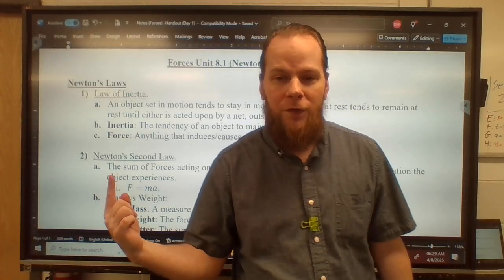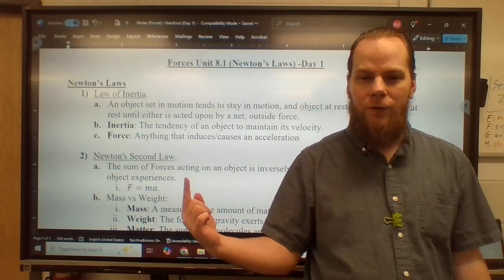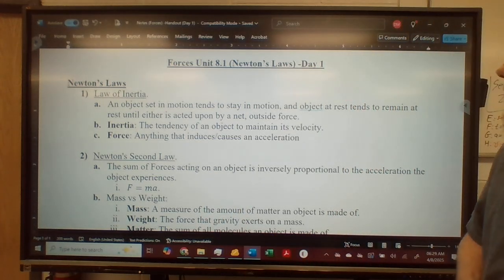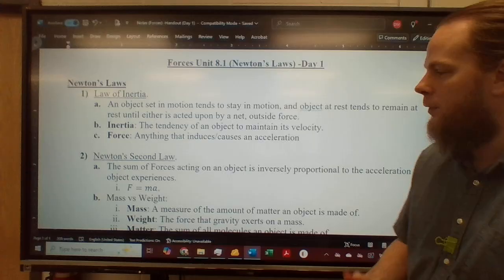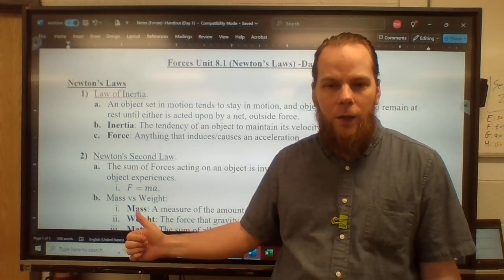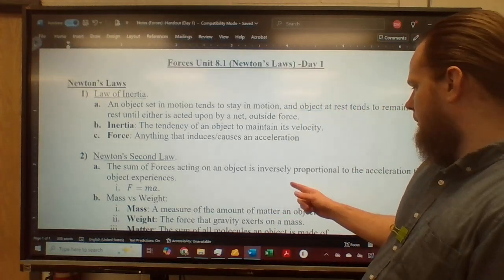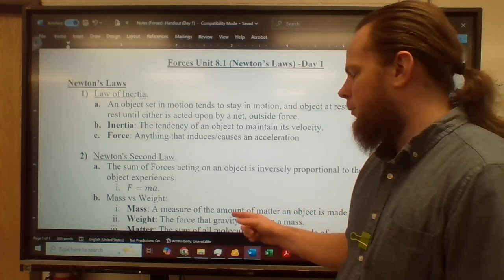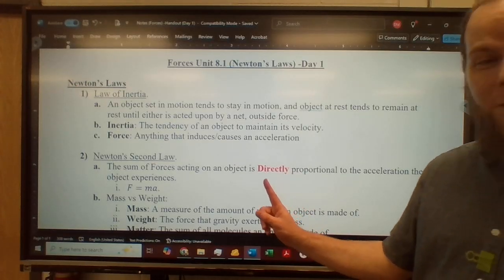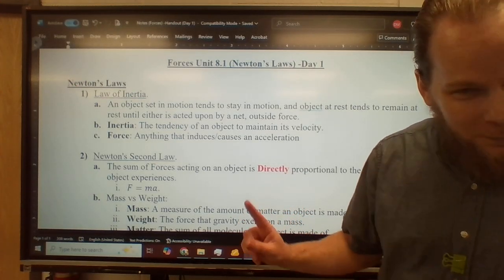Which is what this says. The sum of the masses, I can't read backwards. Sum of masses acting on an object is inversely proportional to the acceleration the object experiences. Or, hang on, that's wrong. So that's another thing you need to fix if you've got the handout, apologies.